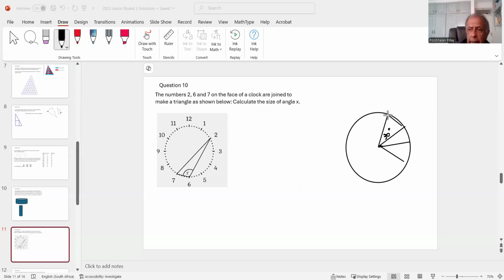If you take the triangle there, then the angles of this triangle can be calculated, because this is 30, and remember, this is a radius of a circle, so all of them are equal. So you can calculate the angles like that. So now to calculate x, again, we do the same thing.